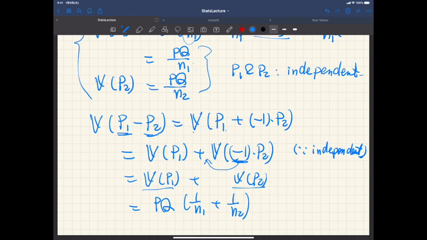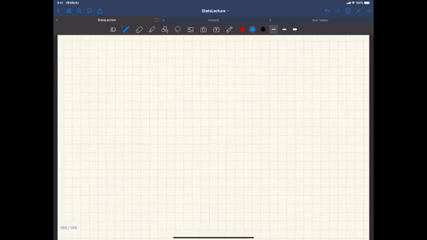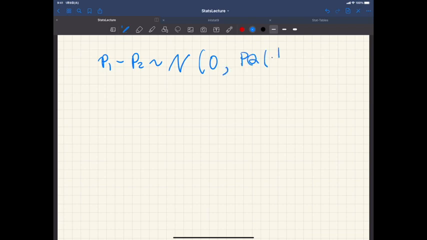So after all, we assume that p1 minus p2 follows the normal distribution with mean 0 and variance pq times 1 over n1 plus 1 over n2.